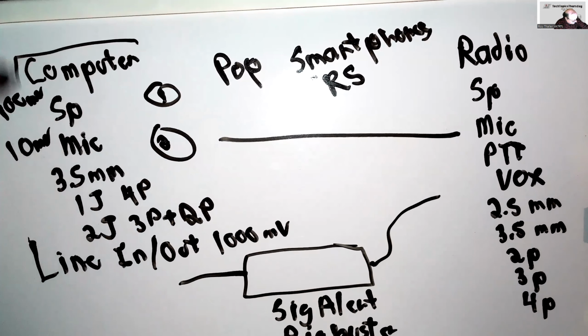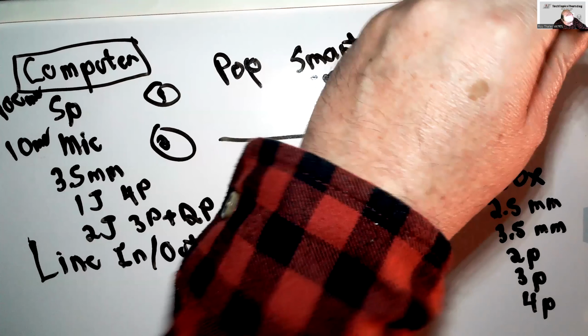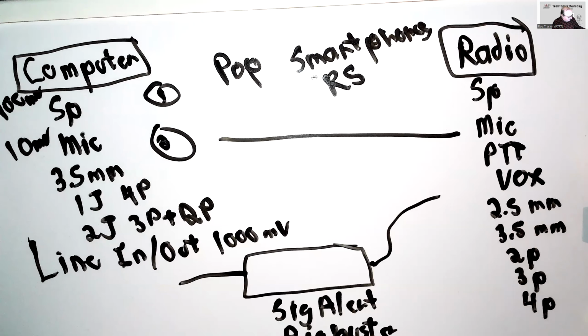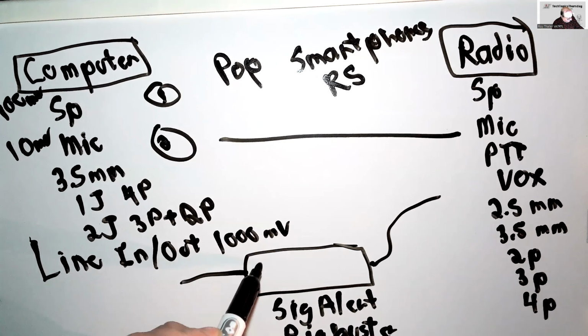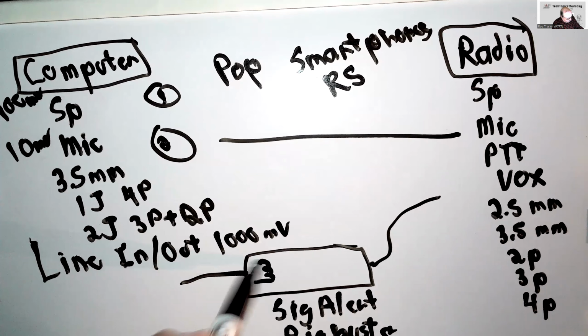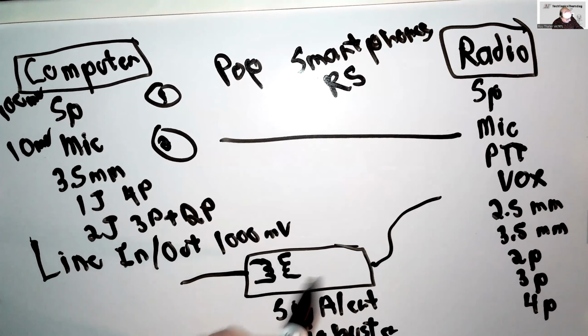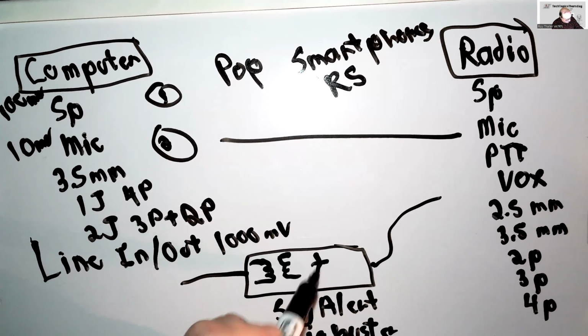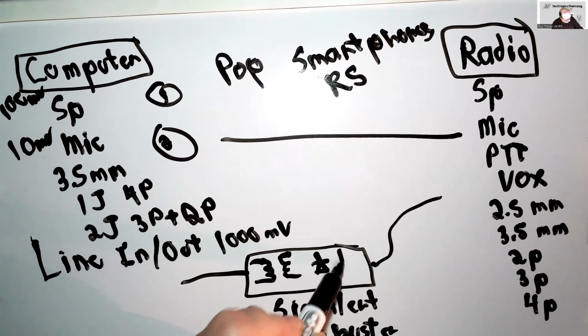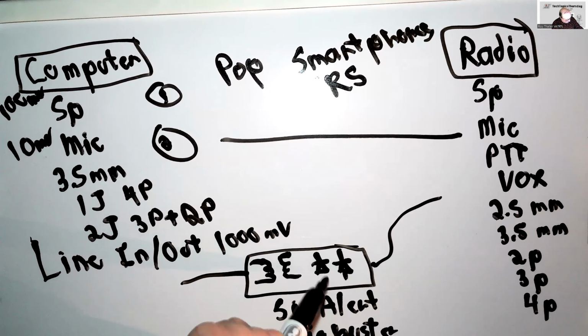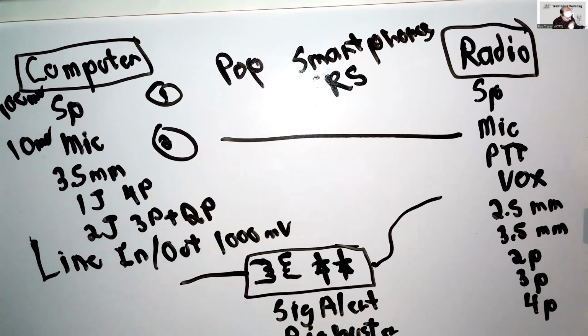So usually in here you're gonna have some sort of transformer or an opto isolator for isolating the signals, and then you usually have some sort of protection circuit so that you don't blow up your connections.